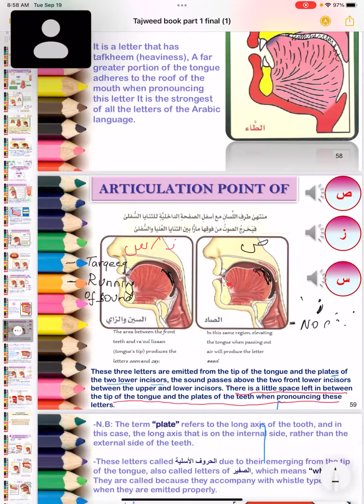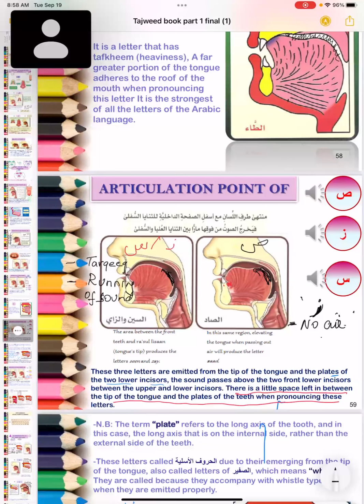No air, no hams, okay, in Zai. And we always make this mistake. We make hams in Zai, so don't make hams in Zai. We think as. That's wrong. Just focus on the sound running. There's no air along with the sound, okay?